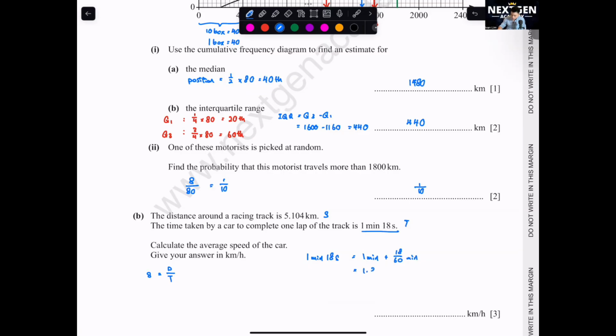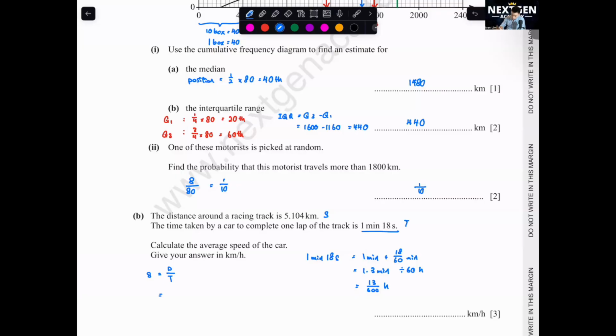So now it will be 1.3 minutes. Then you divide it one more time by 60. Okay, 1.3 divided by 60. You see, we'll get a nice value or not? Not so nice, right? So we just leave it as 13 over 600 hours. Okay, 13 over 600 hours.